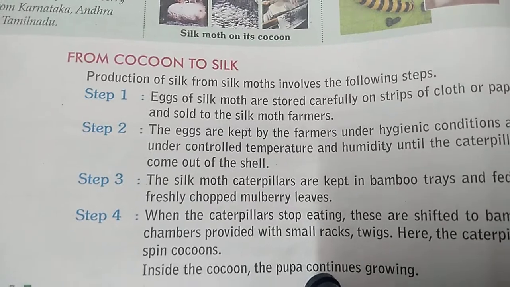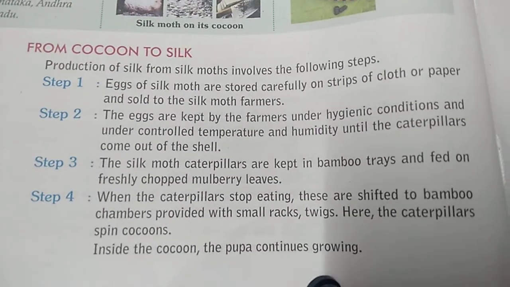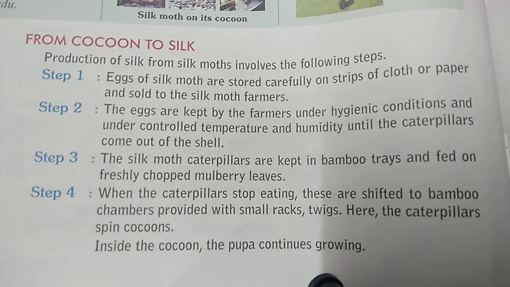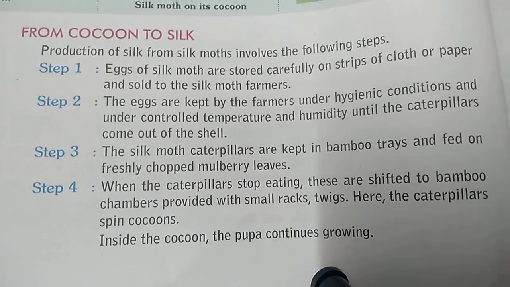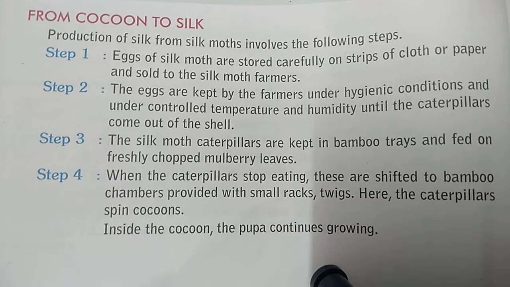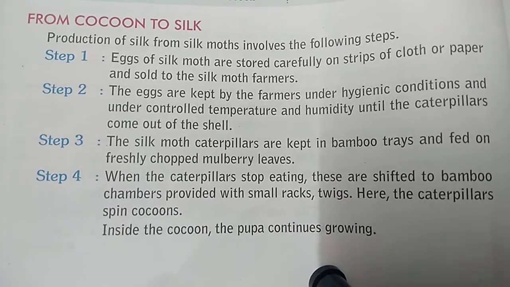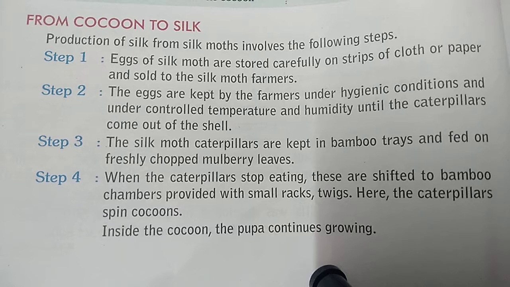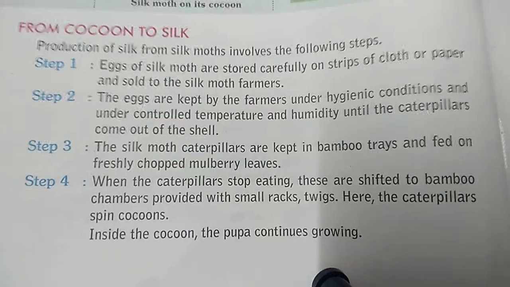When we want silk from the cocoon, what are the steps involved in this? The beginning steps are the same. The eggs of the silk moth are collected and stored carefully on a strip of cloth or paper and then sold to silk moth farmers.